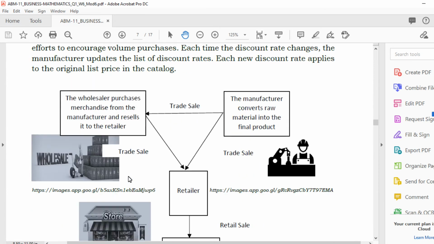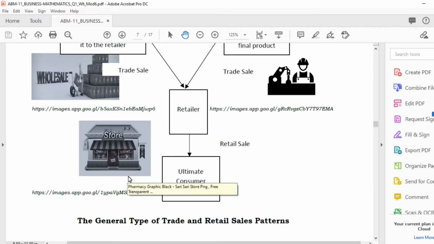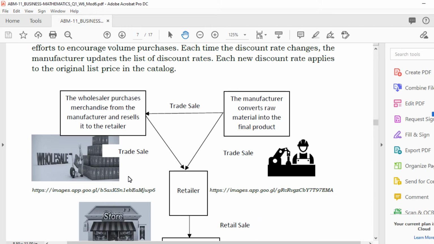Okay. So, tingnan natin ito paano nangyayari yung trade and retail sale patterns. Ayan. From the manufacturer, kino-convert yan into material into final product. Itre-trade niya yan ngayon sa wholesaler. Ayan. Ang mga wholesaler, pwede sa retail. Or pwede naman yung mga retailer, pwede din dumiretso sa manufacturer. Ayan.